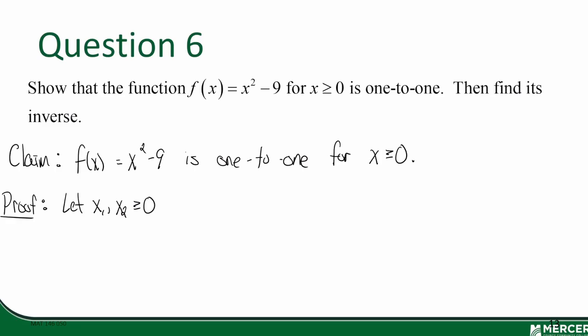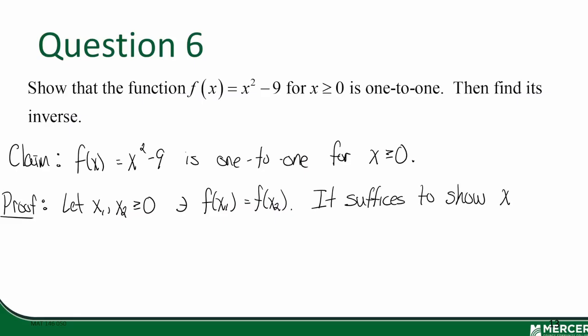So I'm going to say let x1 and x2 be greater than or equal to 0 such that f of x1 equals f of x2. It suffices to show x1 is equal to x2.